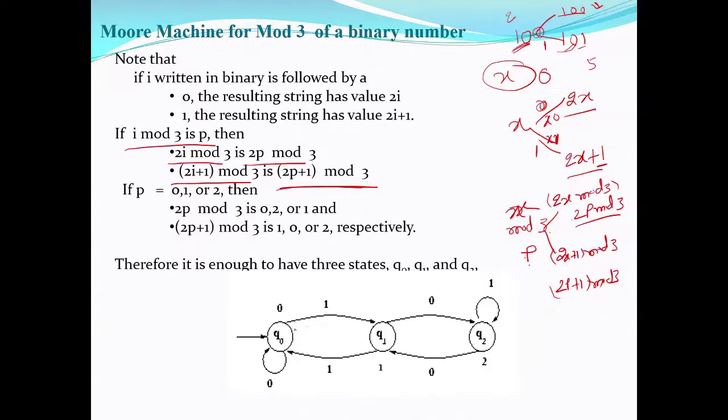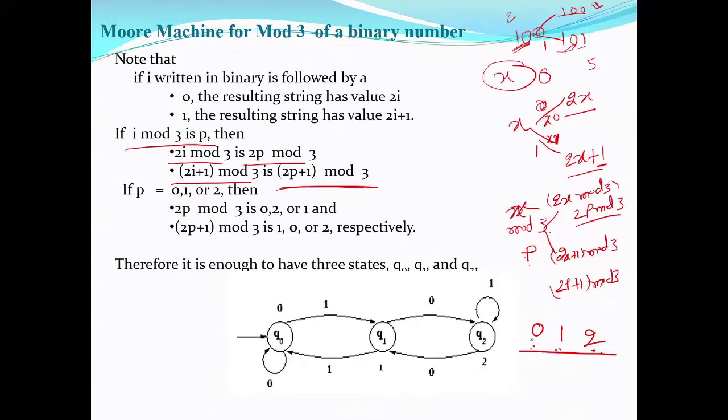So let me start in Q0. Why am I taking 3 states? The possibilities of remainders: if the number is divisible by 3, you get remainder 0. If the number is not divisible by 3, you may get a remainder of 1 or a remainder of 2. So my Mealy machine will produce an output of either 0, 1 or 2, because that is the only possibility.